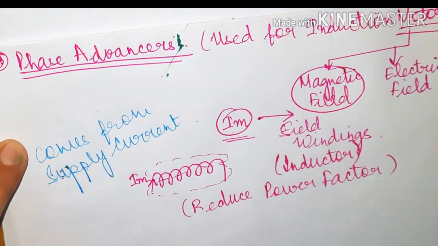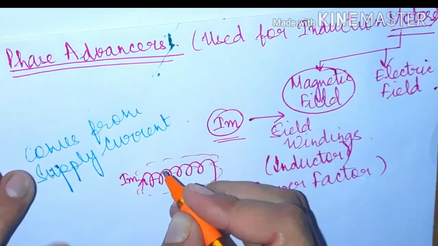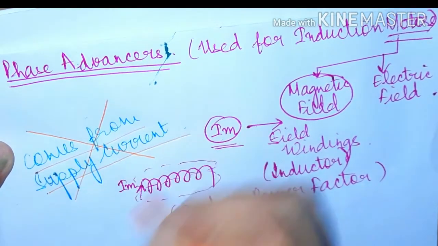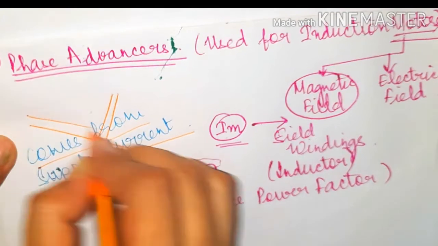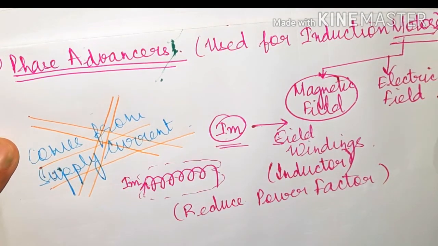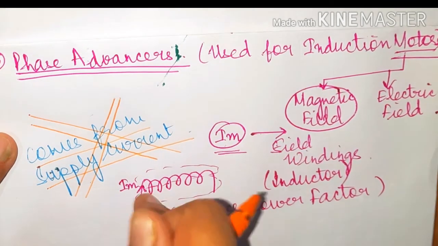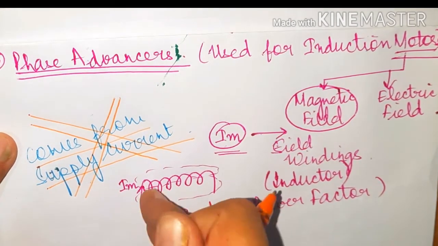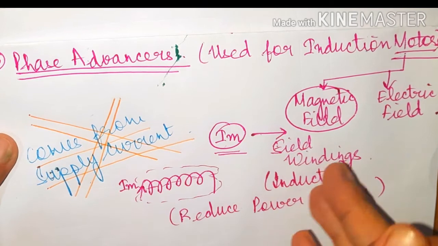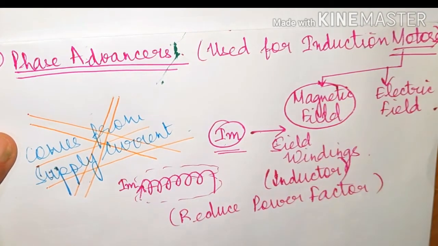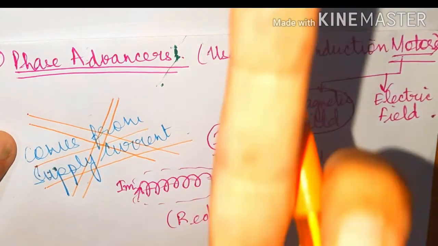So what is the solution? The only solution is that this should be totally cancelled, so that it doesn't come from the supply current. But then there will be no magnetizing current, no magnetic flux, and that means no magnetic field. If there is no magnetic field, your induction motor or any kind of motor cannot rotate.